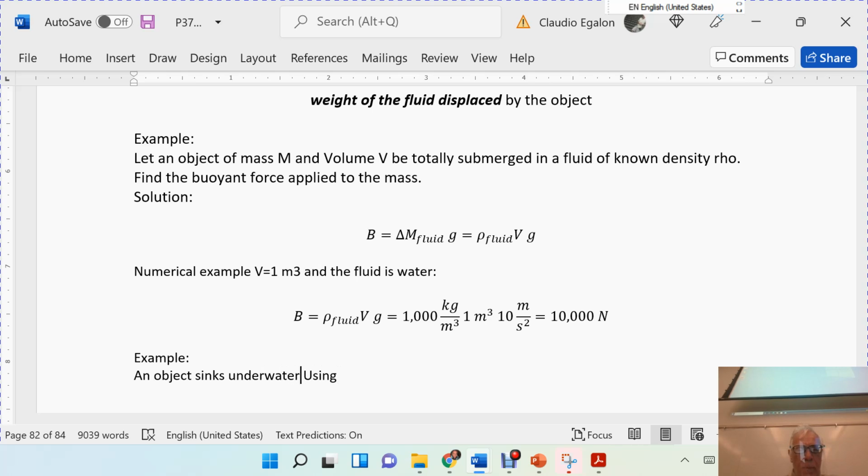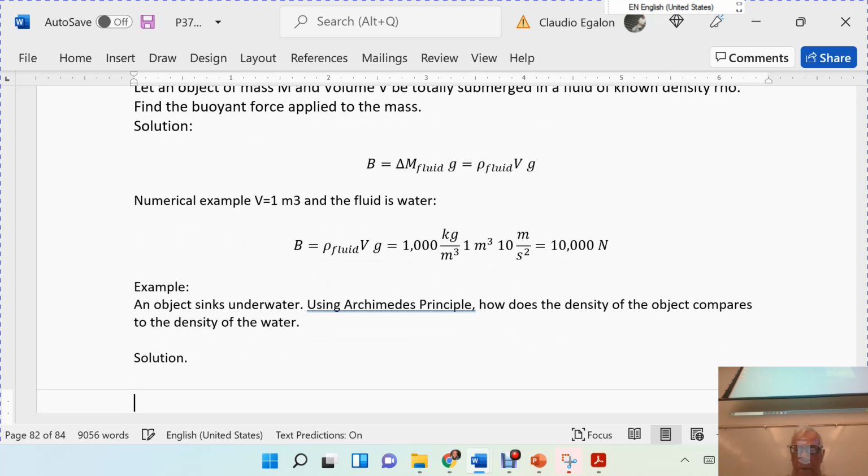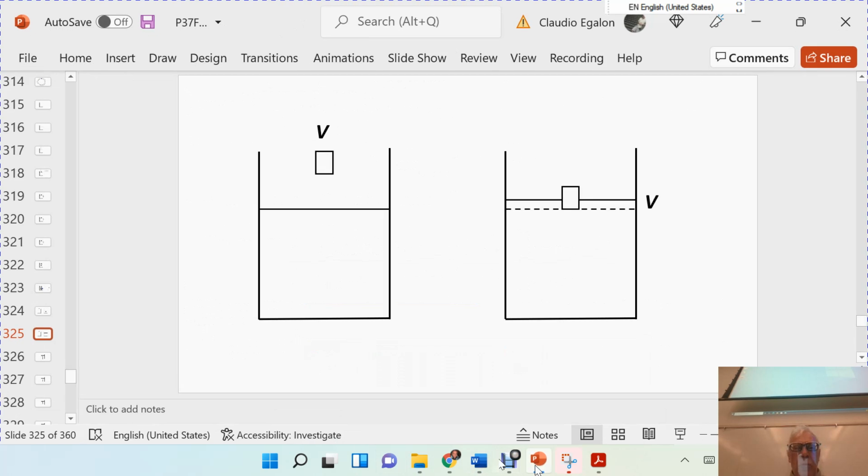Using Archimedes' principle, how does the density of the object compare to the density of the water? Okay, another example. So here you go. Let me show you a drawing of that solution.